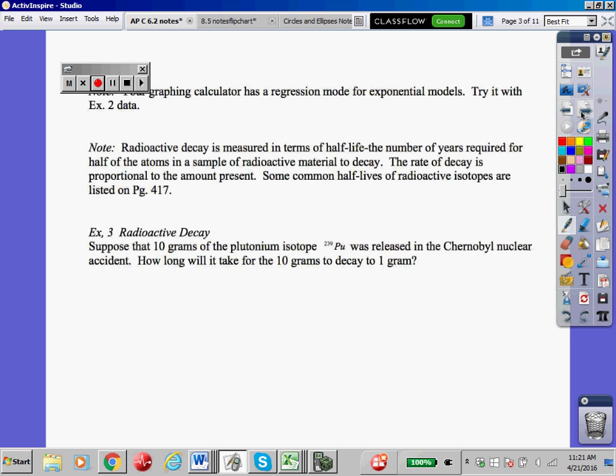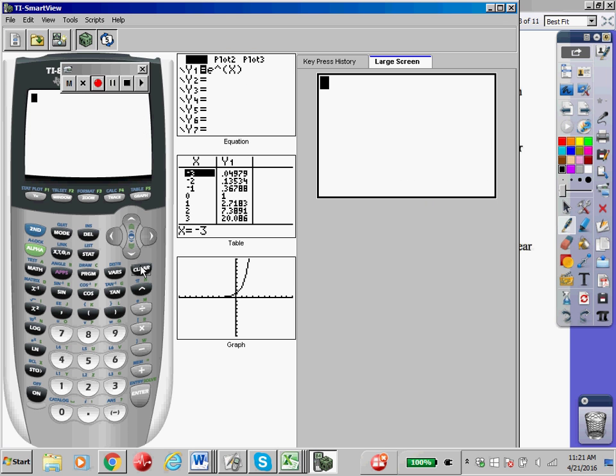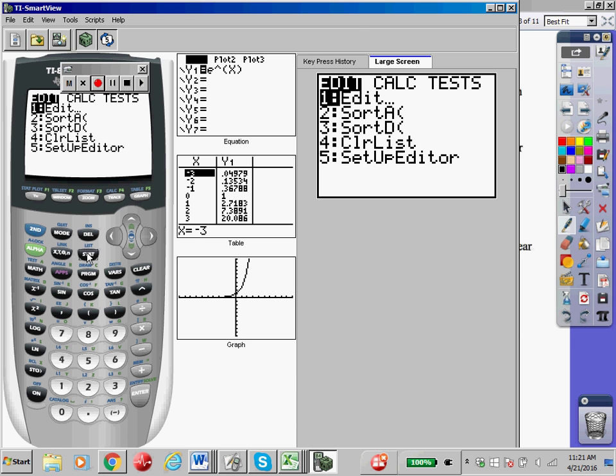It does have a note here. I don't know if you've ever done this, but I thought for funsies this would be good too. On your graphing calculator, you have what's called an exponential regression model, and we'll see how close we get to what we came up with. On your graphing calculator, press the STAT key.